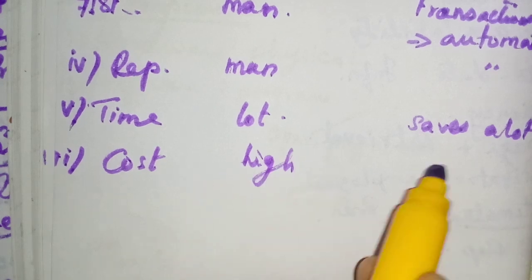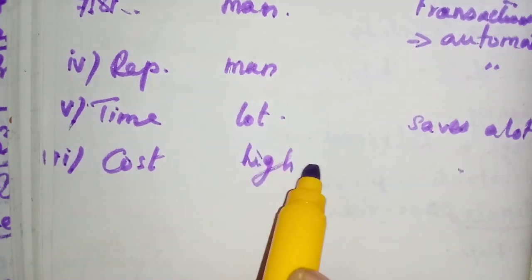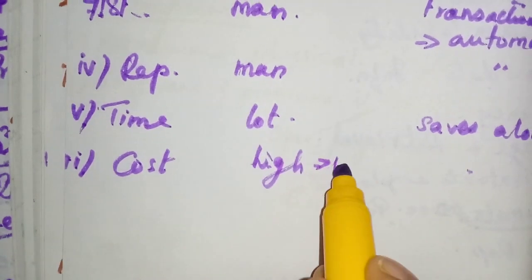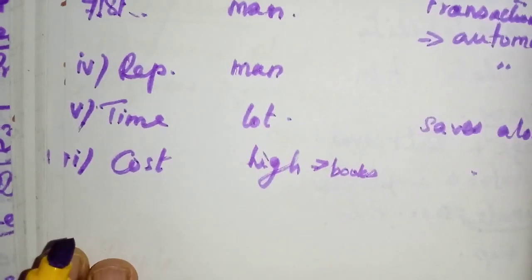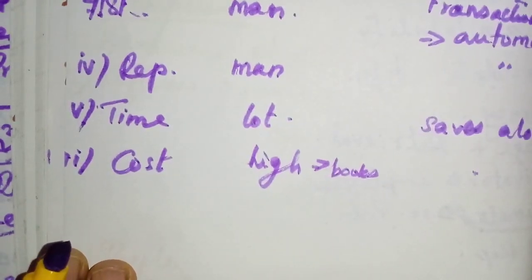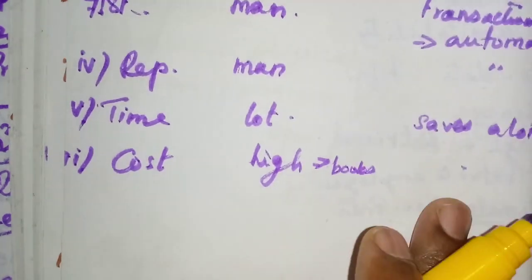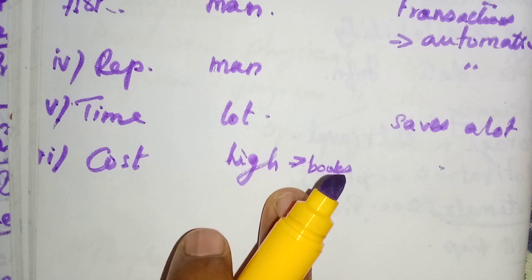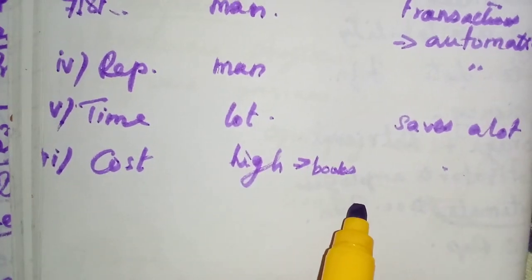Installation cost is high for the computer, but here we need to provide some books. In both ways we can say, installation cost is very high in the computer, but maintaining cost is low.